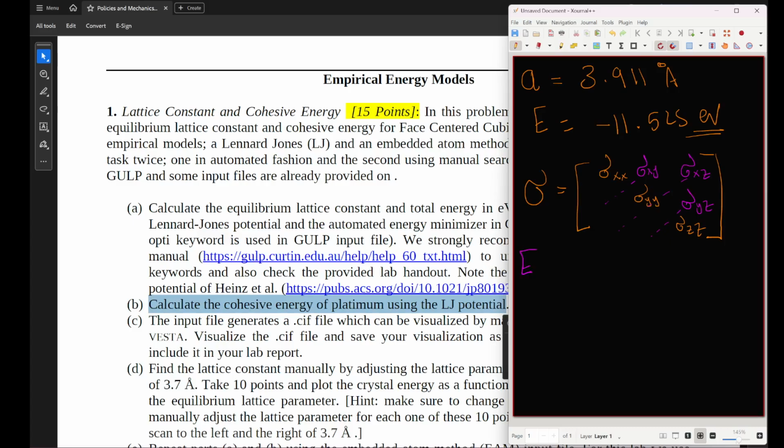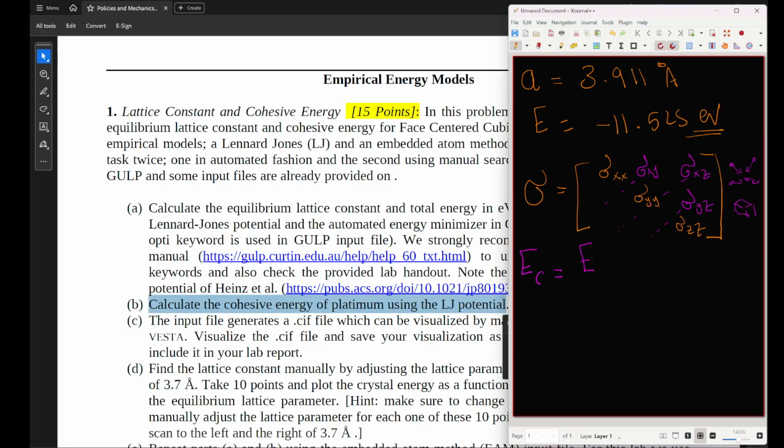We want to calculate the cohesive energy. And if you remember the concept of the cohesive energy, it is how much energy you gain or you lose when you bring atoms from far away to form a crystal, right?